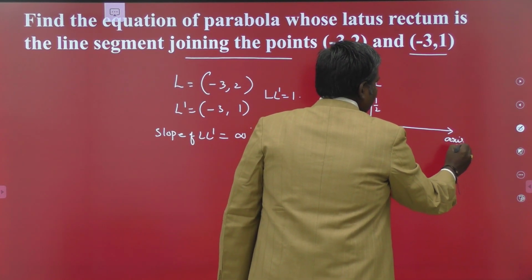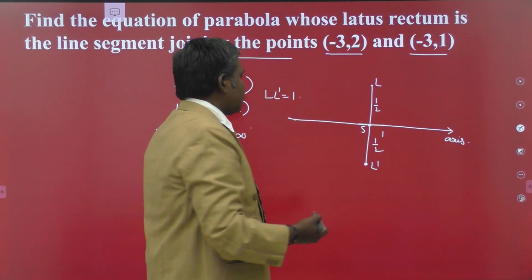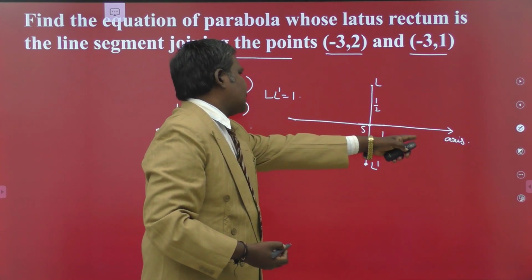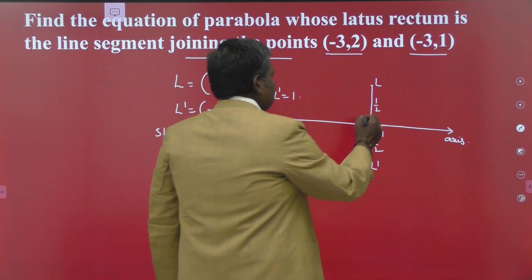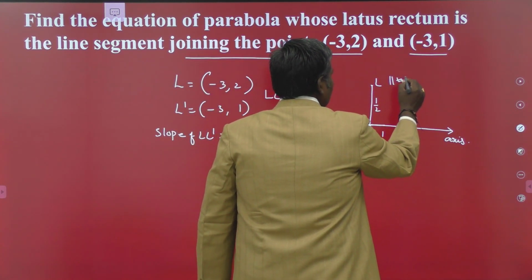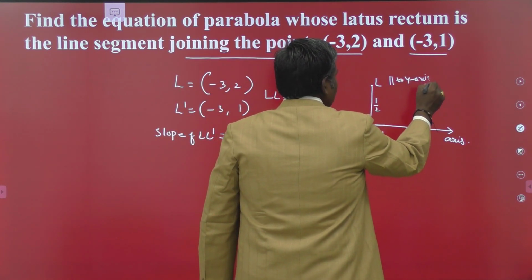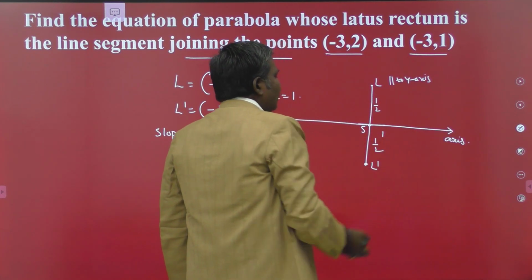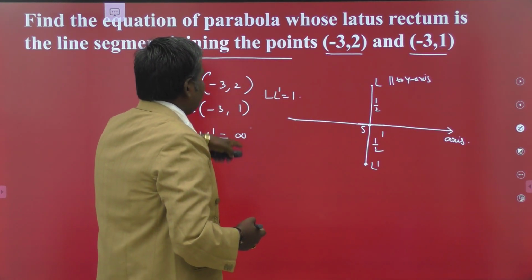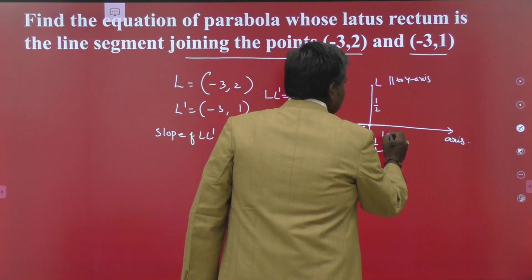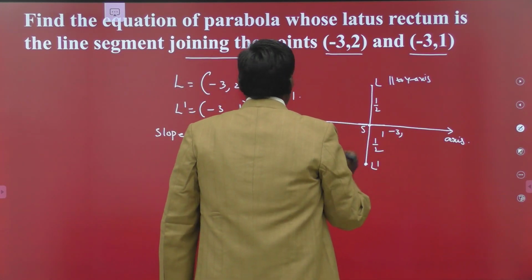Axis is always parallel to y-axis or x-axis; here it is parallel to x-axis, because the latus rectum is parallel to y-axis. Automatically this may be either the x-axis or parallel to the x-axis. What is its midpoint now? Minus 3 comma 3 by 2. So parallel to x-axis, minus 3 comma 3 by 2.